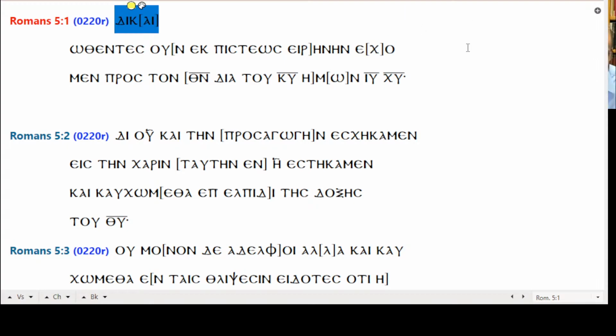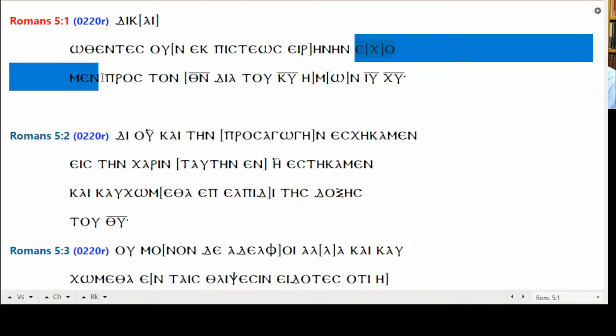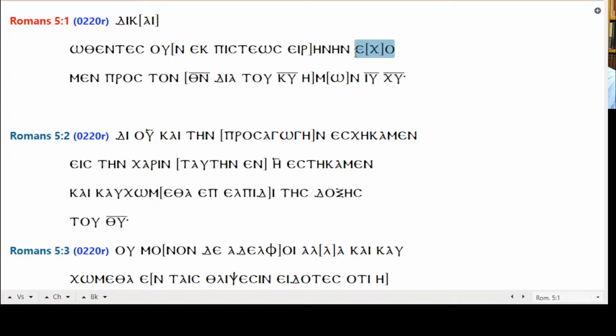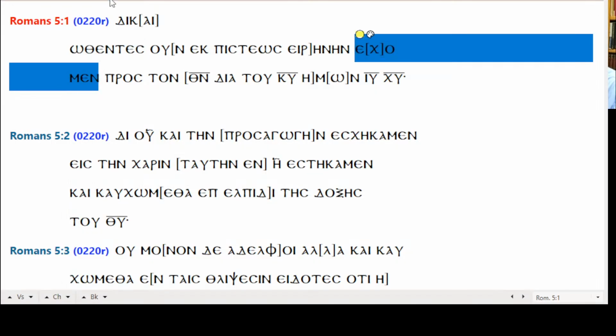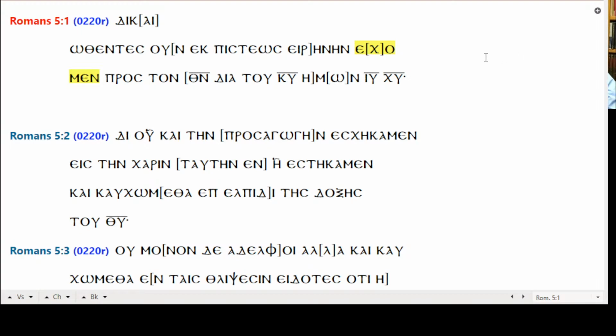The rest of that line is cut out, so we don't even have any manuscript evidence from the papyri for that first part of Romans 5:1. Oh no, there it is. Sorry, it does show up here with an omicron. My bad, looking in the wrong place. But that's the only one we get.